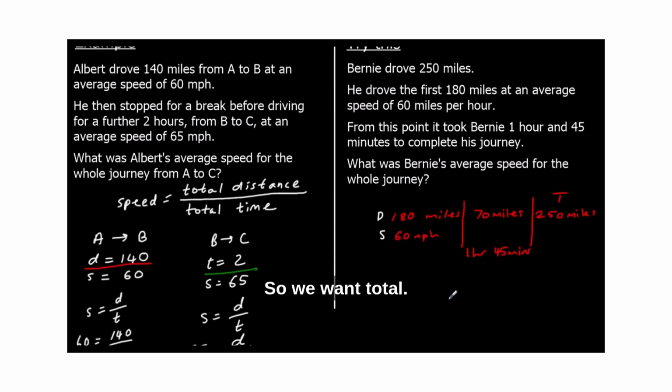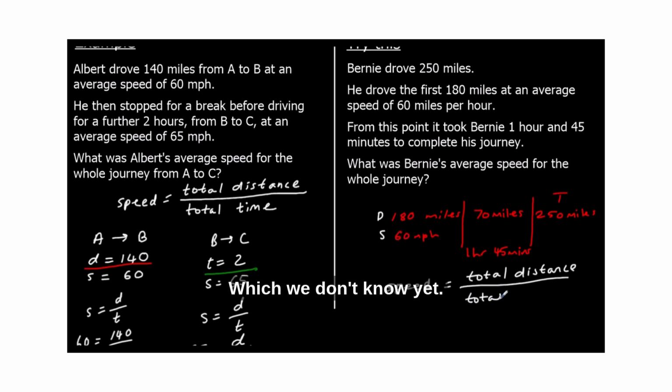So we want total speed, it's going to be total distance, which we know is 250, over total time, which we don't know yet. So it's going to be 250 over the total time, which we're going to work out.